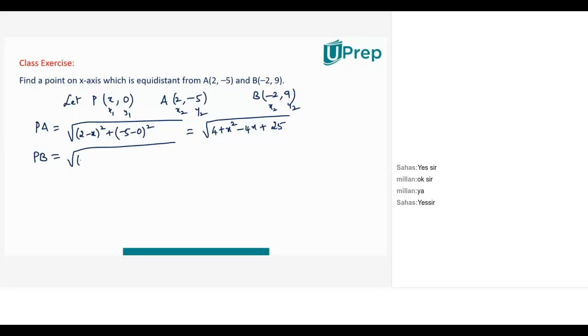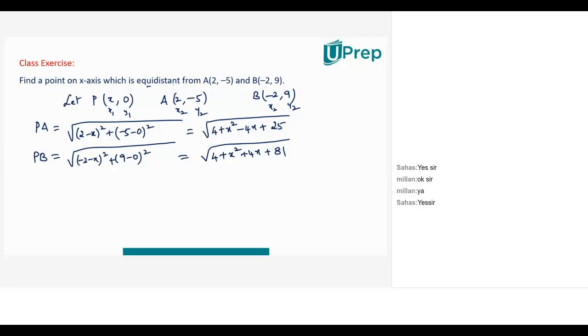That is nothing but square root of 2 minus x whole square, that is 4 plus x square minus 4x, plus minus 5 whole square is 25. Leave it, we will not even simplify it. We'll think about it later. Then what is PB? Now the B point is minus 2 comma 9.